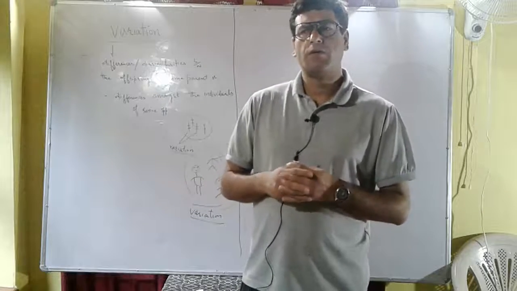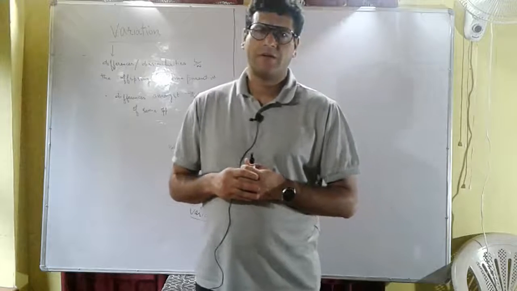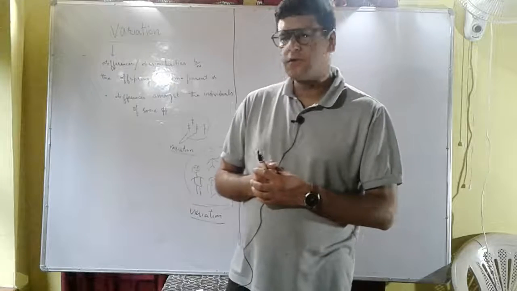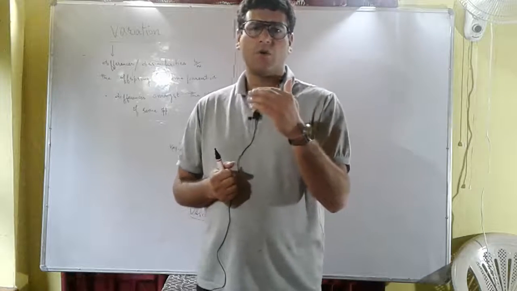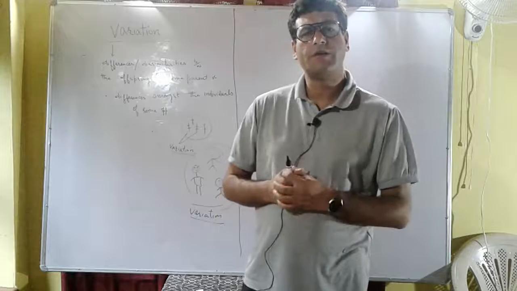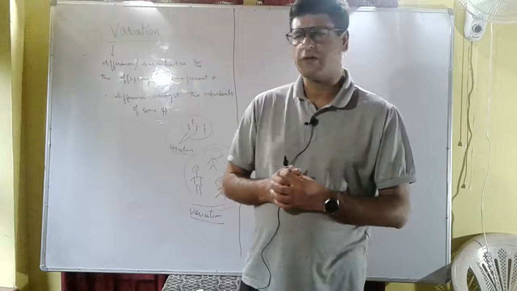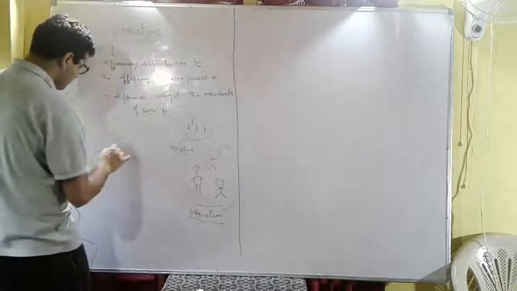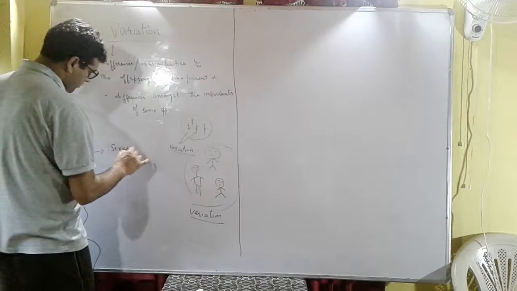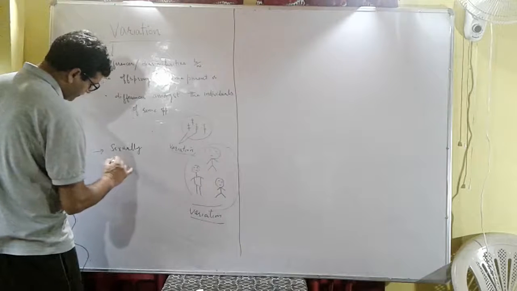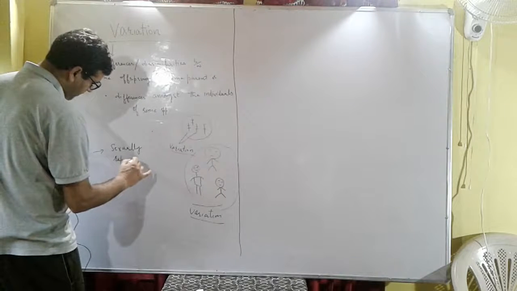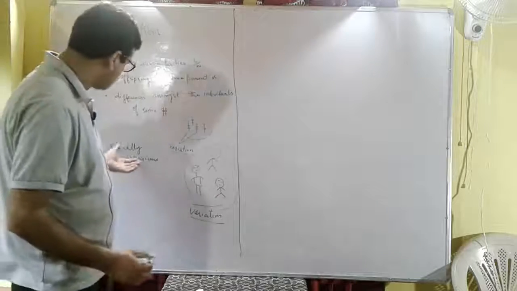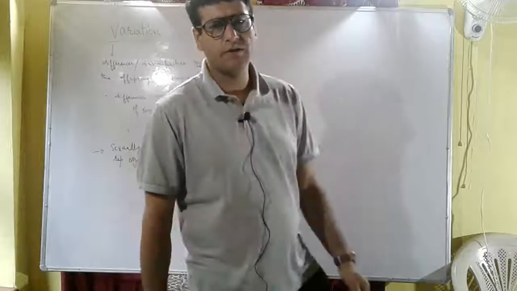And now, what are the causes of this variation? Genetic variation is observed in sexually reproducing organisms.